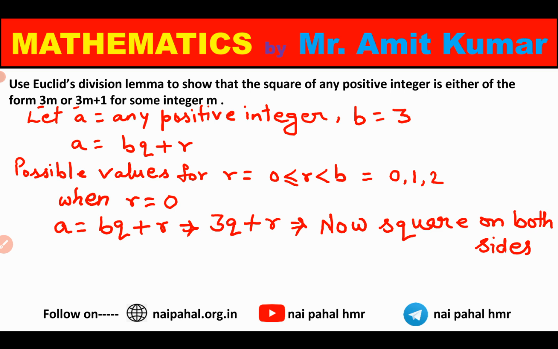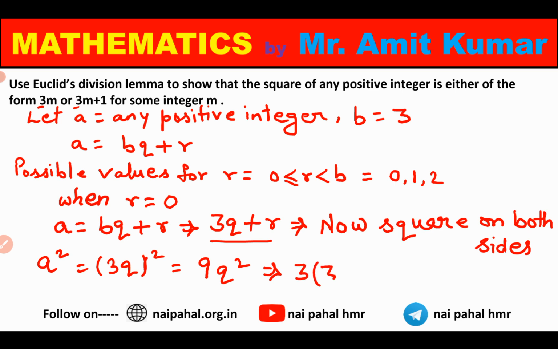If we square on both sides, it becomes a square, and this one becomes 3q whole square, which is 3 3s are 9q square. So if we need 3m, then we take 3 common, and 3q square remains inside the bracket.